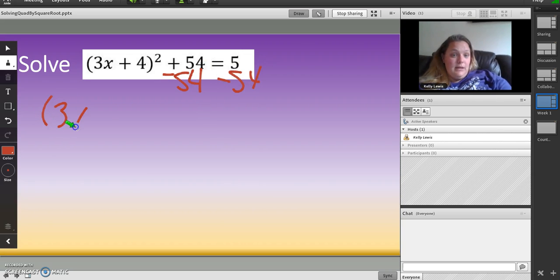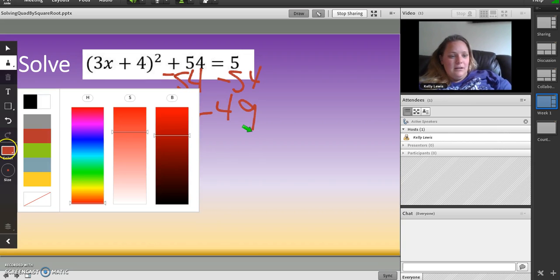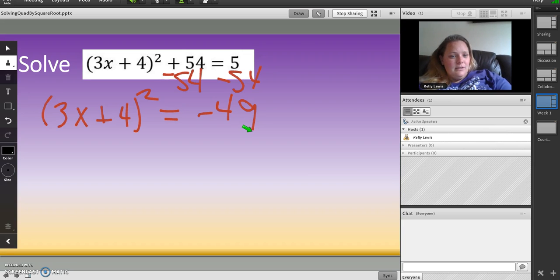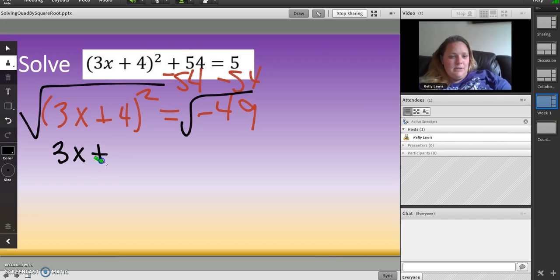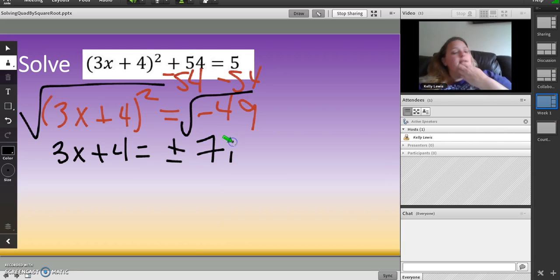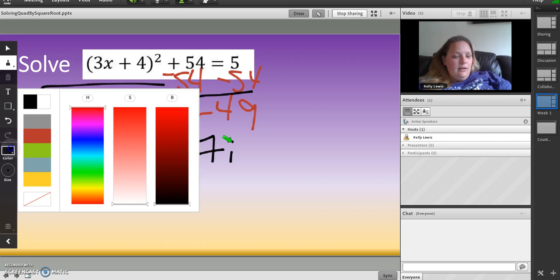So we get 3x plus 4 squared equals negative 49. We're not going to panic. We know about complex numbers. Take the square root. So we get 3x plus 4 equals plus or minus, because you took the square root, and then the square root of negative 49 will be 7i.